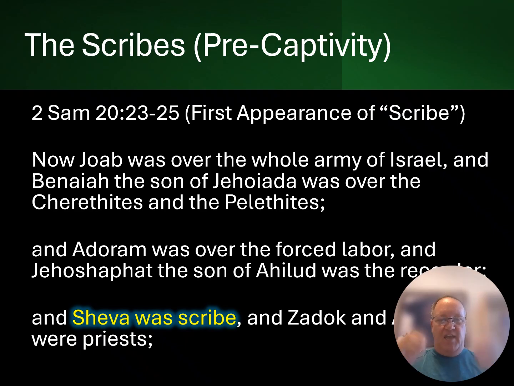So notice David and his cabinet actually had the position of a scribe, and his name was Sheva. And what seems to be closely related to that as well is that there was a recorder also. I'm not exactly sure of the difference between the recorder and the scribe, but again, notice the use of kings using scribes.